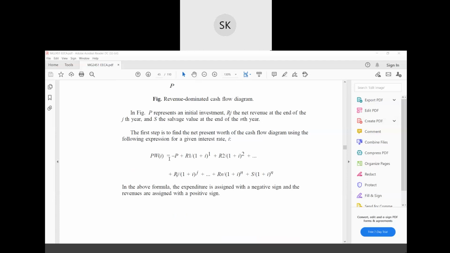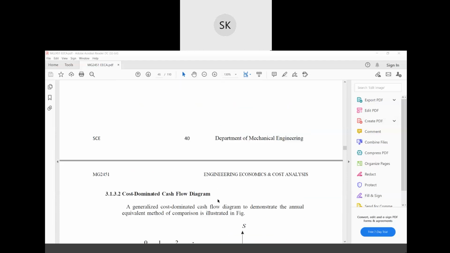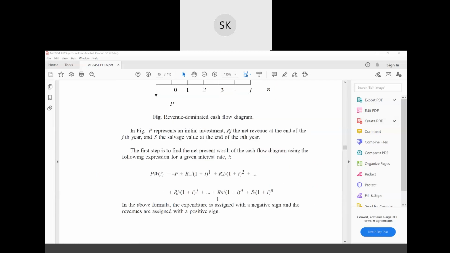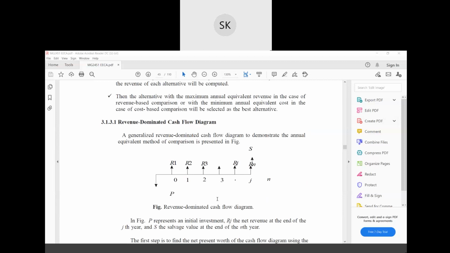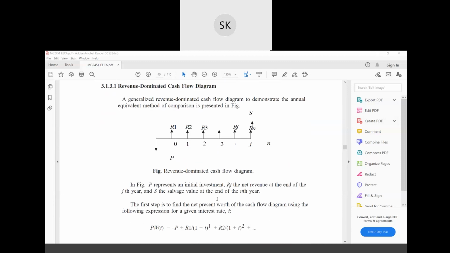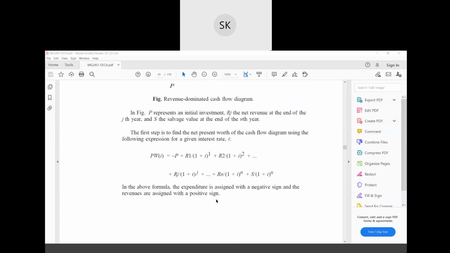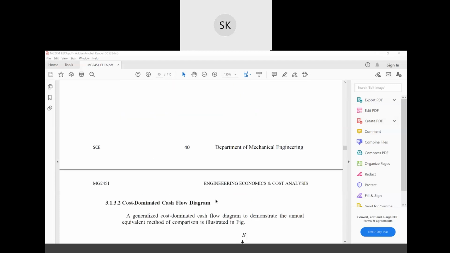In the above formula, the expenditure is assigned a negative sign and the revenues are assigned a positive sign. So in this annual equivalent method, you have to find out the net present worth with the same formula.